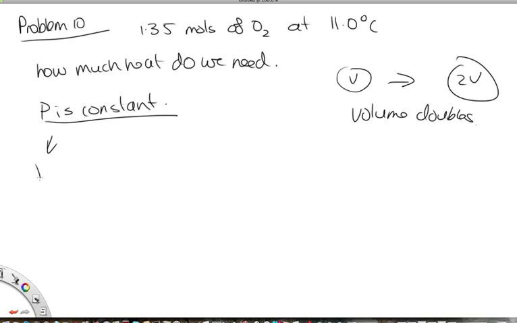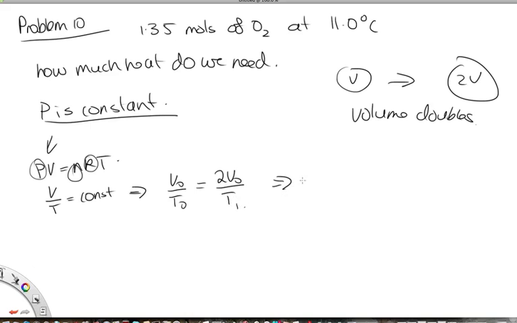With the ideal gas equation, we've got PV is equal to nRT. This is not changing, this is not changing, and this is not changing. So this tells us that V over T is equal to constant. So V naught on T naught is equal to V1, which is 2V naught, on T1. And so T1 is equal to 2V naught over V naught times T naught, which is 2 times T naught.